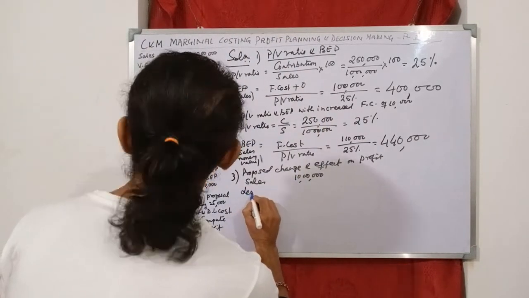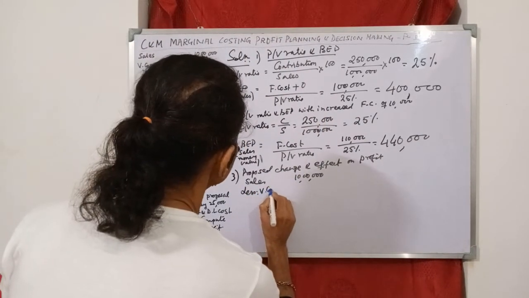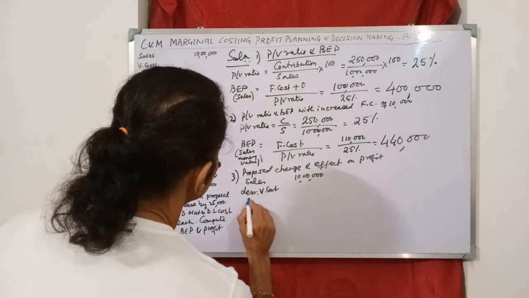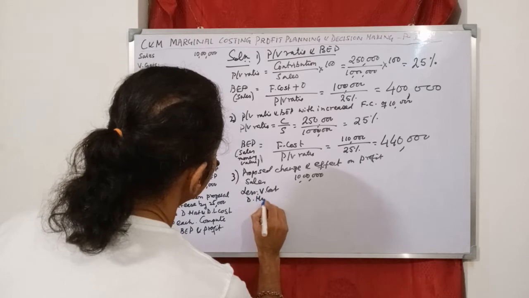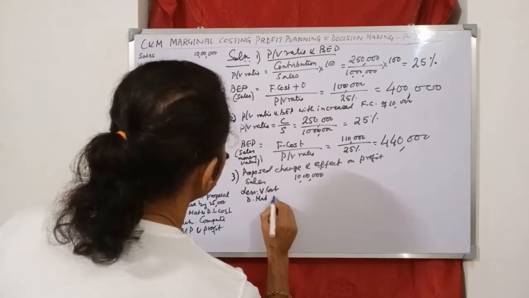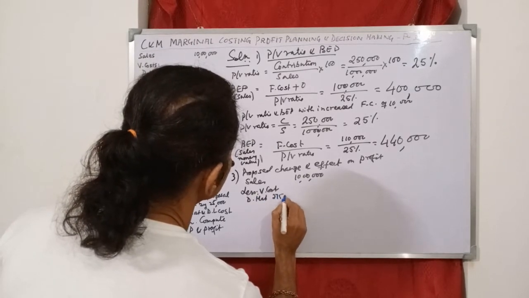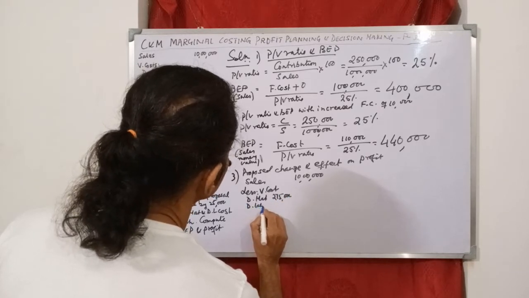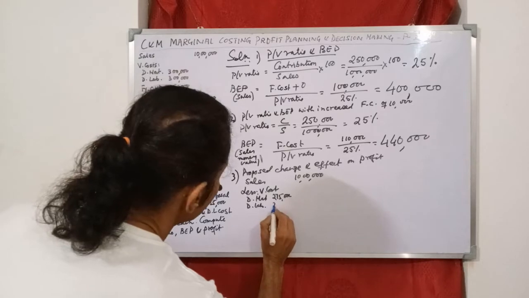Less variable costs: direct material will be 2,75,000, direct labor will be 2,75,000.